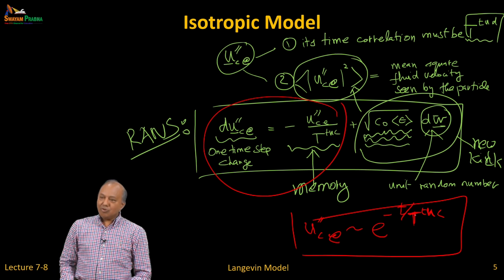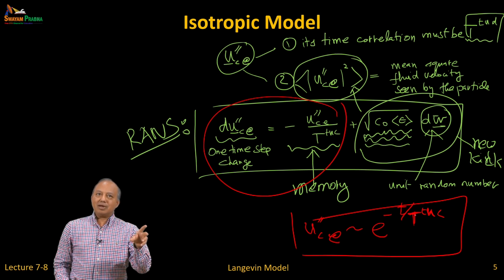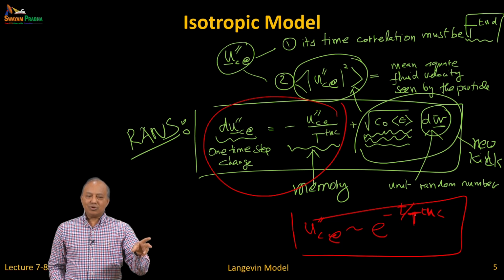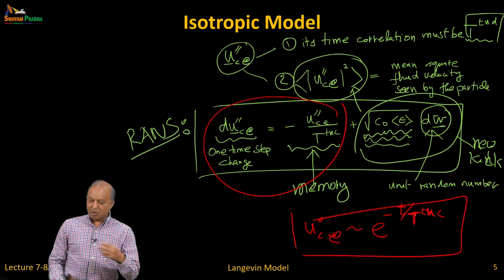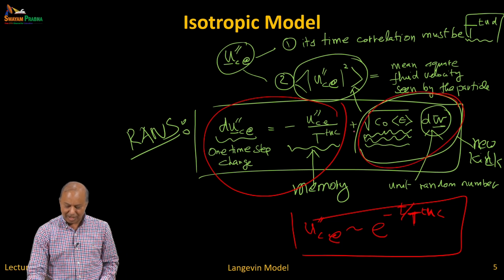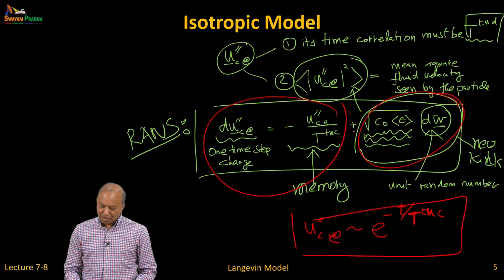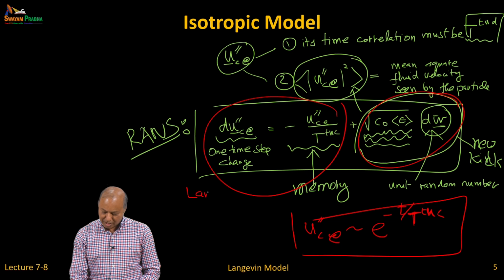So in other words, whatever the next time step, the velocity that you're going to have is going to be correlated with what you have plus a little bit of random kick. So this is very simple, and this is the Langevin model, the simplest Langevin model.